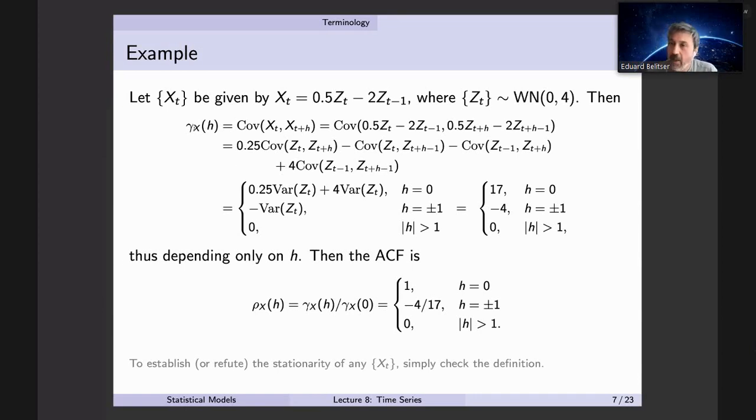That's it. If it does, you say stationary. If not, you say it's not stationary. This is very simple. Just check the definition of stationarity and conclude whether this sequence is stationary or not.